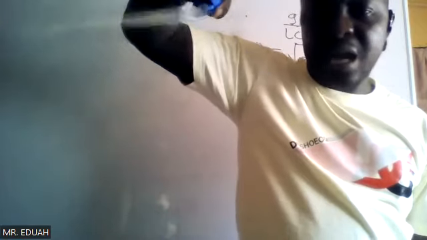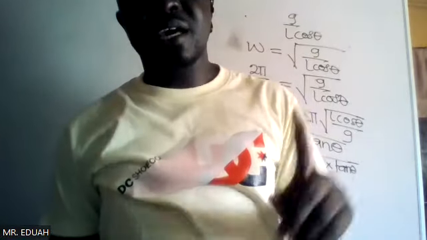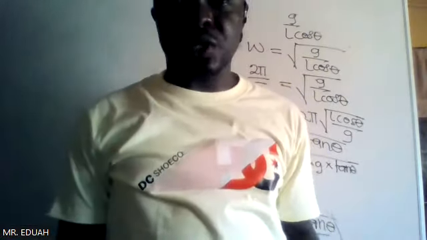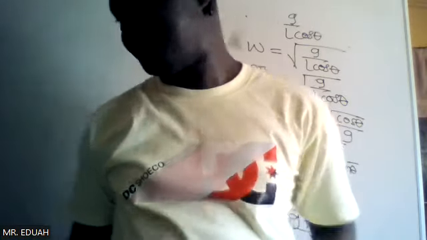So when a question is given, you must identify which is which. Is it a flat horizontal rotation or a conical pendulum? What will inform you? Let's listen to the question.